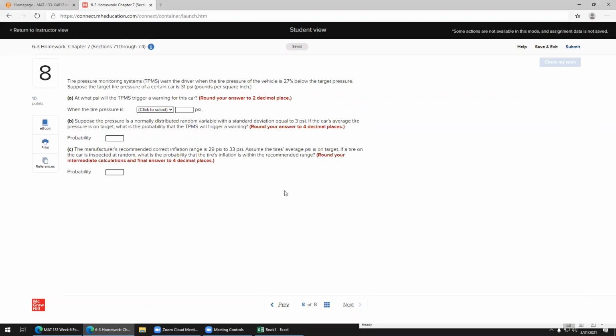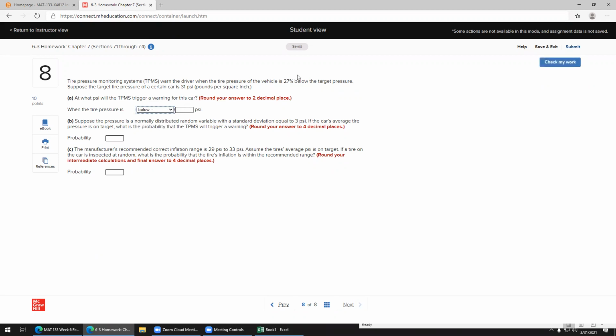And then finally, part A. So when the tire pressure monitor system warns a driver when the tire pressure is 27% below the targeted pressure, suppose the pressure gauge is at 31 PSI, when will it go off? So it will go off when the tire is below.